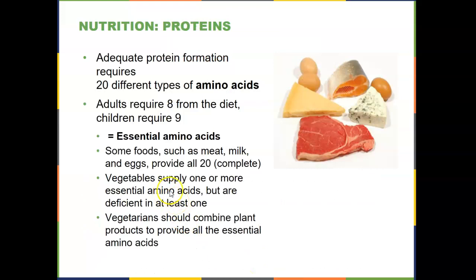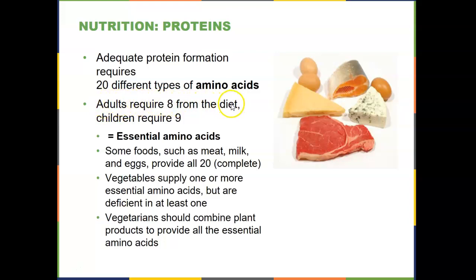Proteins. Why do you need proteins? Well, you are made of 20 different amino acids, so you must get those amino acids from your diet. Now, you can make amino acids from carbohydrates and lipids to a degree, but you do need other amino acids to get the amine groups from, at the very least, to make the amino acids that you're capable of synthesizing. On top of that, for humans and a lot of primates, and a lot of mammals, there's certain ones that only can come from your diet.